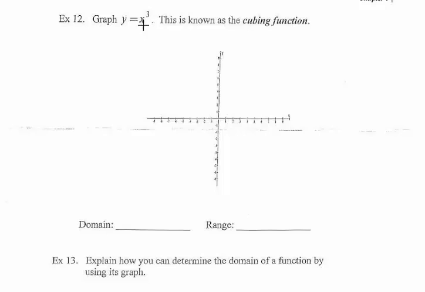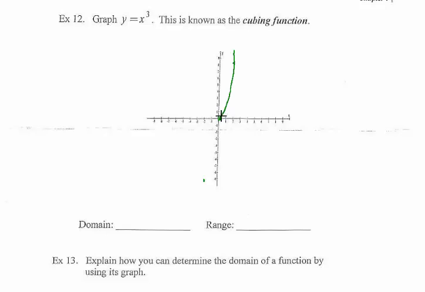Cubing function, the x is cubed, it's going to look like this. Maybe a little sharper actually. If you cube 2, you would get 8 way up here, so this is really sharp. And then if you cube negative 2, you get a negative 8 somewhere way down here.